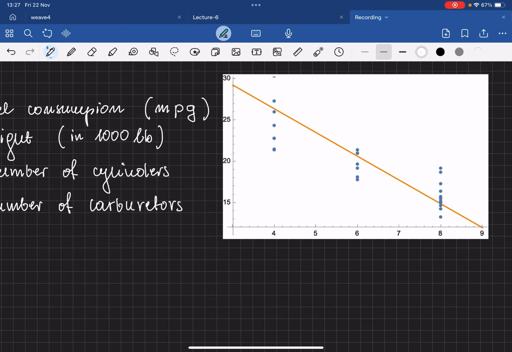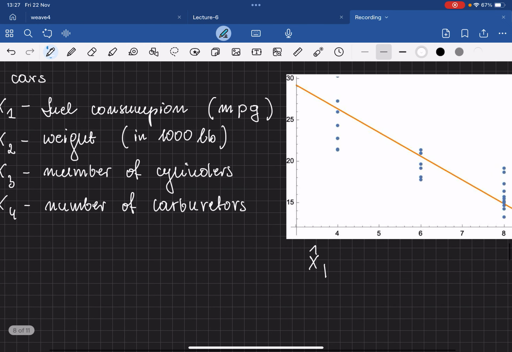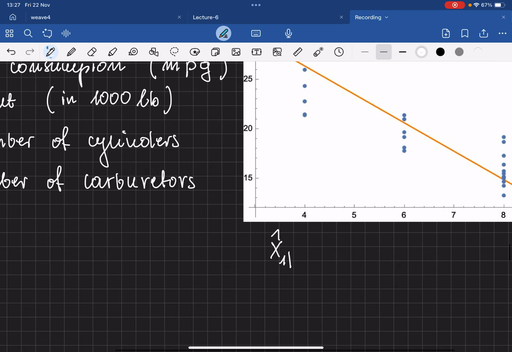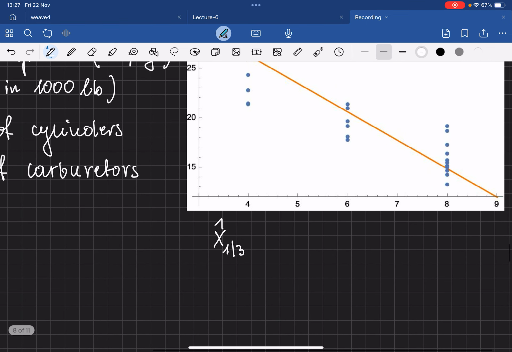We can even write down what is the regression function. So in this case, x1, calculated with respect to number of cylinders, which is x3, so it will be x1,3, reads 37.88 minus 2.87 times x3.